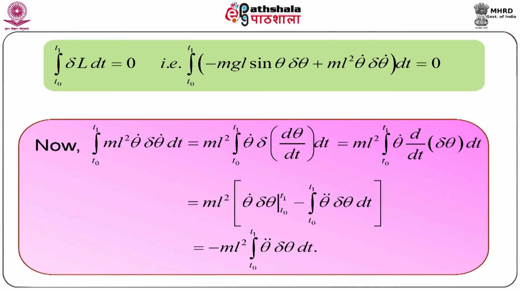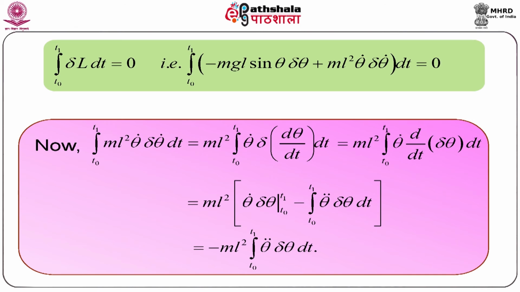Now, ∫ from t0 to t1 of mL² θ̇ δθ̇ dt = mL² ∫ θ̇ (d/dt)(δθ) dt. Here we have used that d/dt and the delta operation are interchangeable.